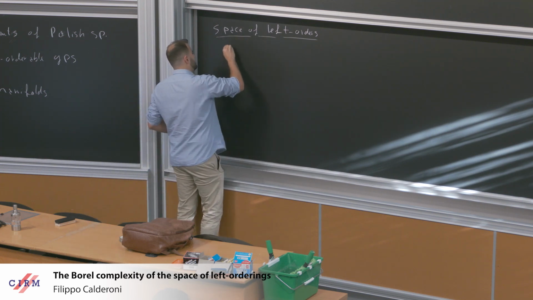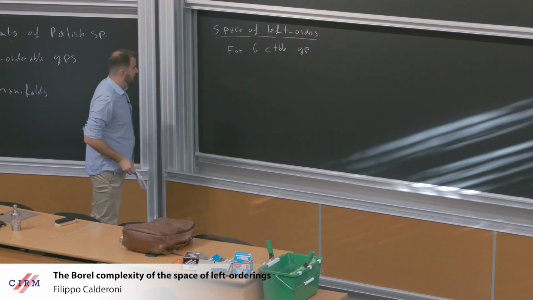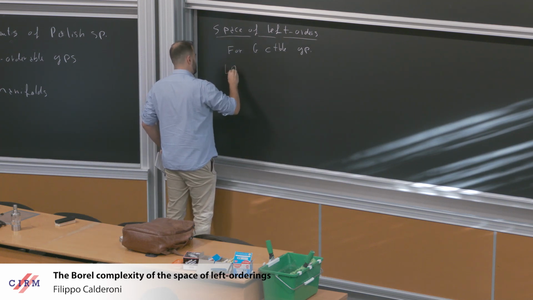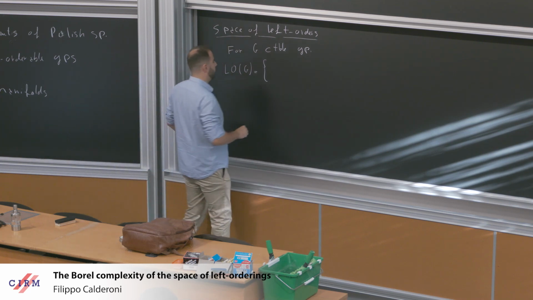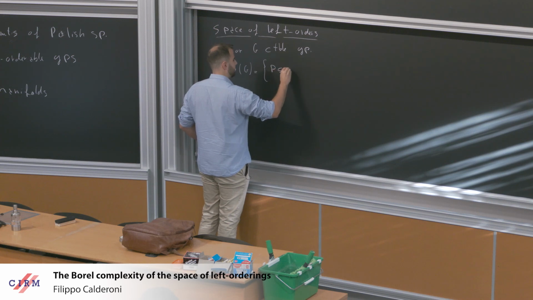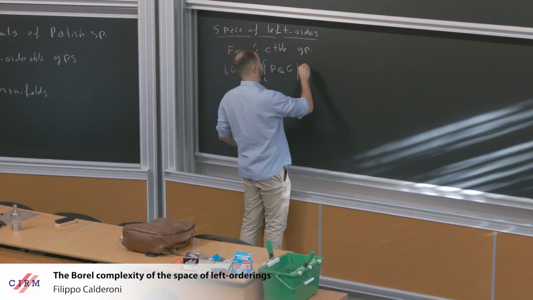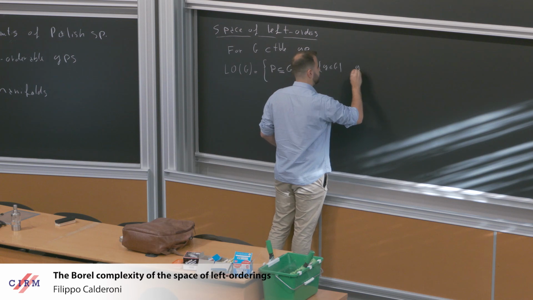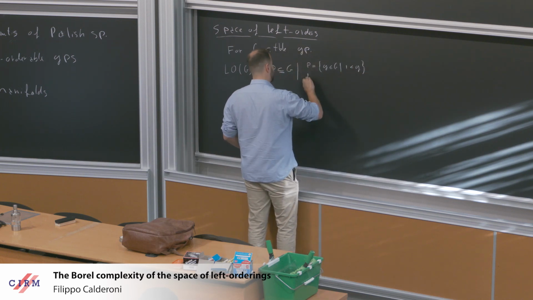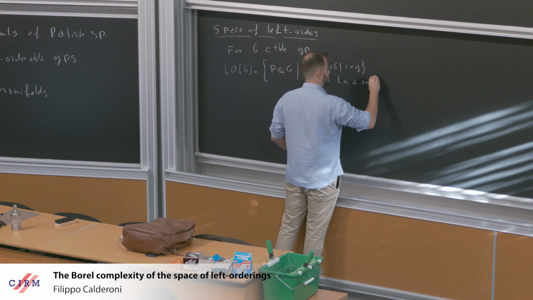Let me stress that for G countable, we can define LO(G) as the set of all subsets of G that are the positive cone of some left ordering on G. So what I mean here is that P is the set of elements in G that are positive for some left order less than on G.